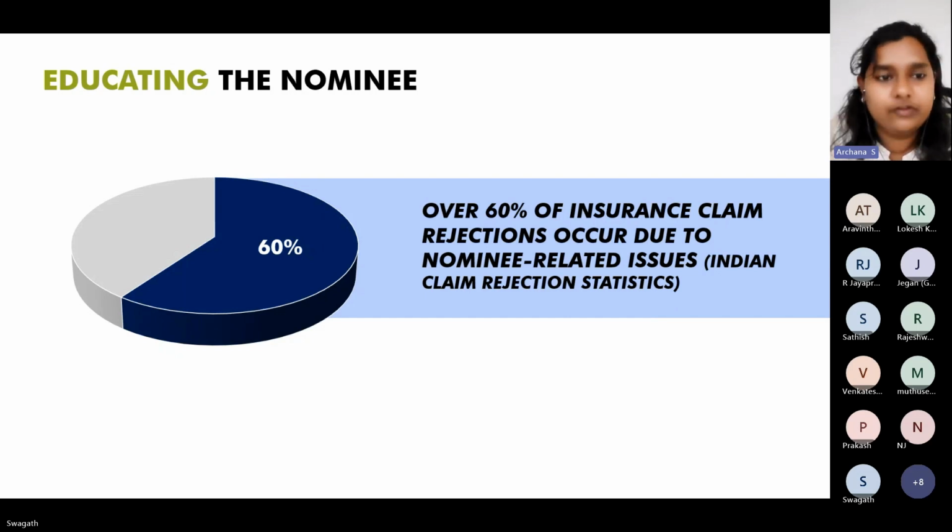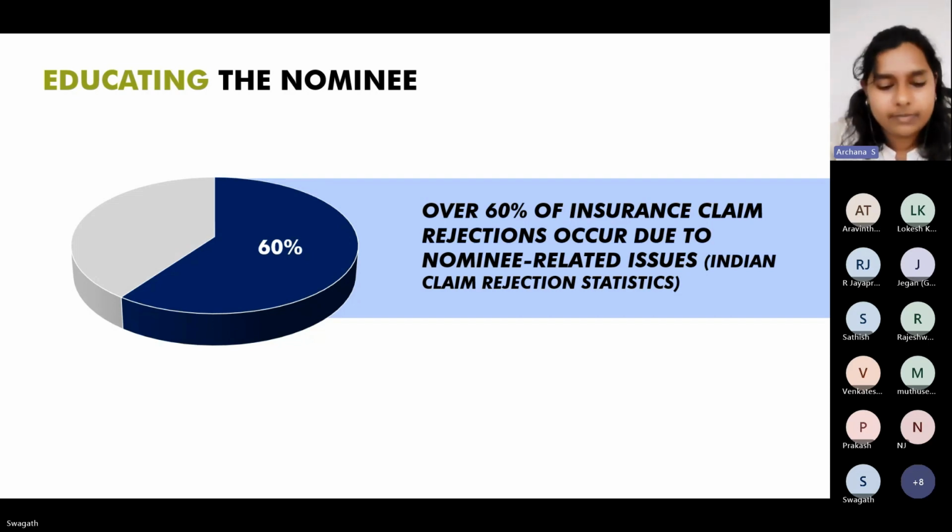So the second is educating the nominee and making the nominee understand that these are the policies, these are the kind of covers, and these are the records, and this is where I kept all these records. This is very much necessary to ensure your claim is not getting rejected. As we can see, most of the policy holders didn't inform the nominee about the policy itself.